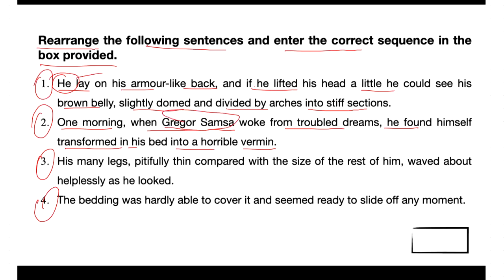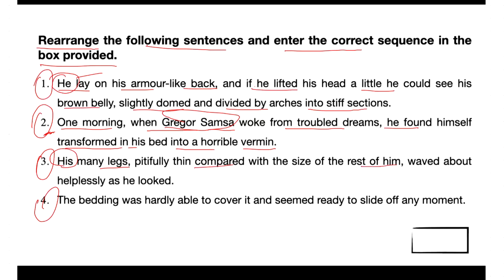As we know, a noun comes earlier than a pronoun. So using the noun-pronoun relationship approach, we could consider that sentence two may be the beginning one. Look at sentence three: his many legs. So his again refers to Gregor. Pitiful, thin, compared with the size of the rest of him, they waved about helplessly as he looked.